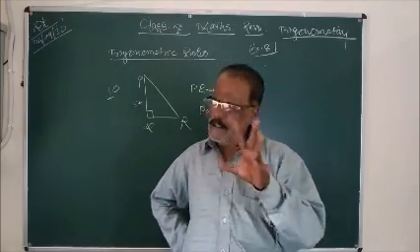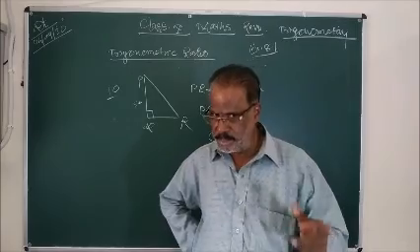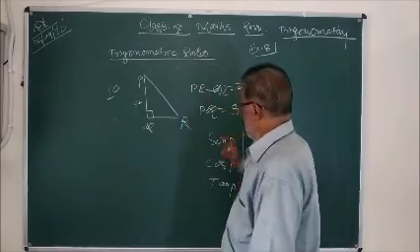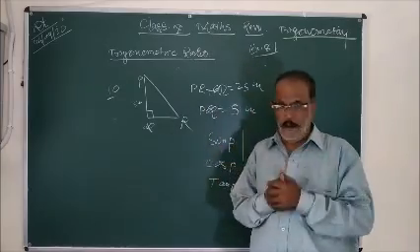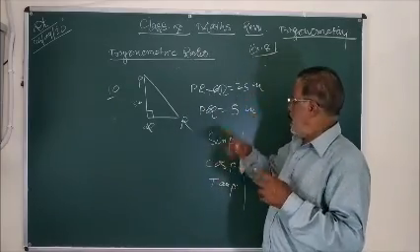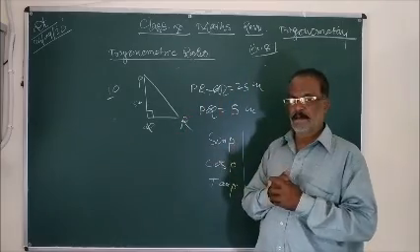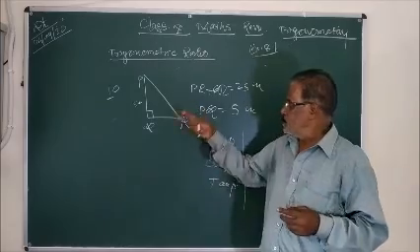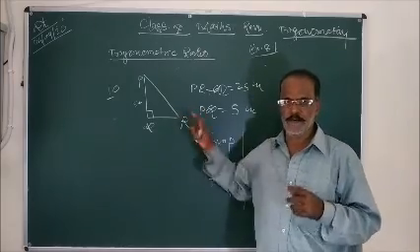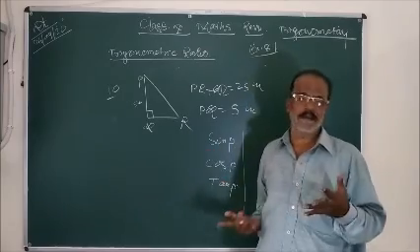We should know all the sides of the right triangle. Right. But in this question, we know only one side, and the other fact is the sum of the other two sides is given, 25. So it is not clear whether these two are 24 and 1, 22 and 3, 20 and 5, or 13 and 12. It is not given.